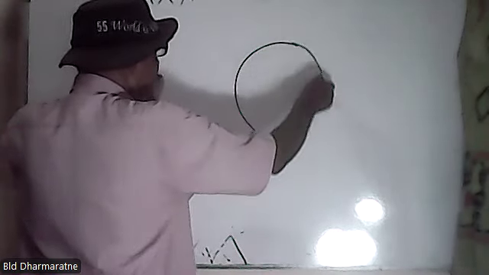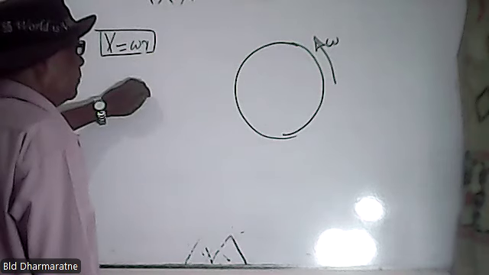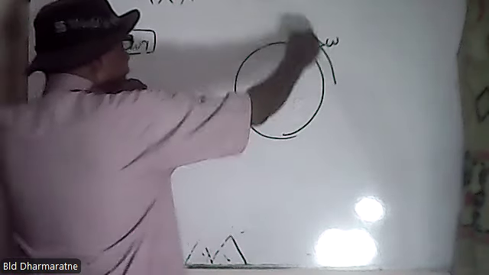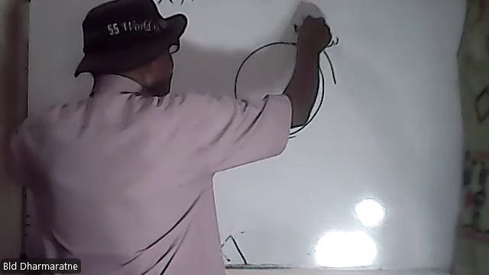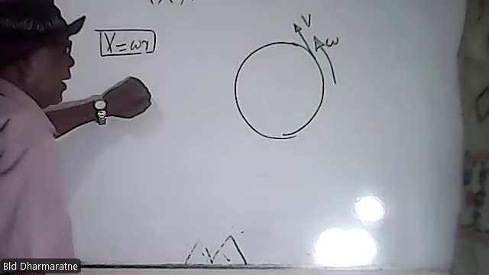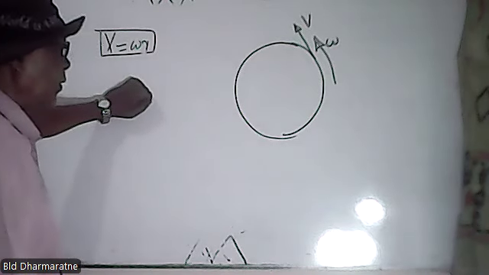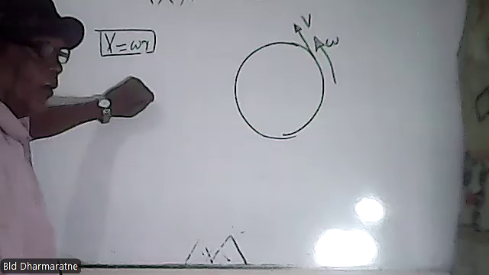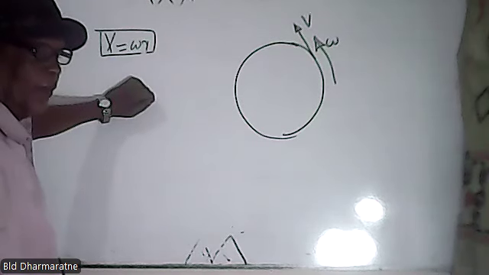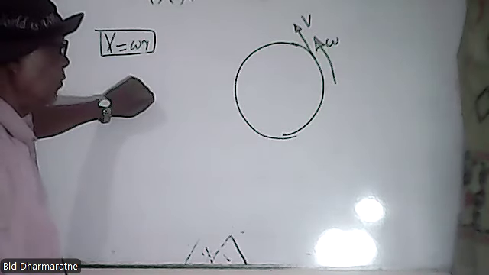V is the linear velocity, acting tangentially. V and omega are constant all the time. In this case, we are considering the constant case.